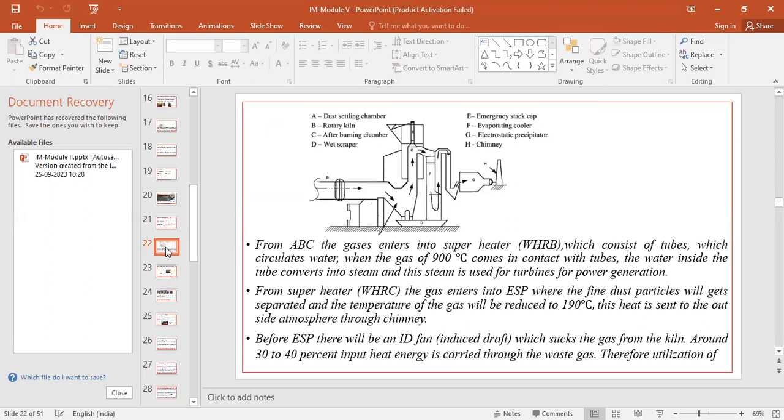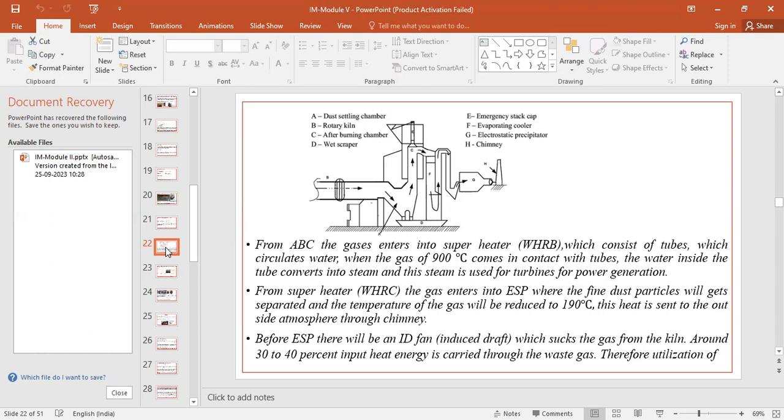So from this WHRB, that is the waste heat recovery boiler, the gas enters into the ESP, where the fine dust particles will get separated. The temperature of the gas will be reduced at this stage to 190 degrees centigrade, and then this gas is sent to the ambient atmosphere through the chimney.